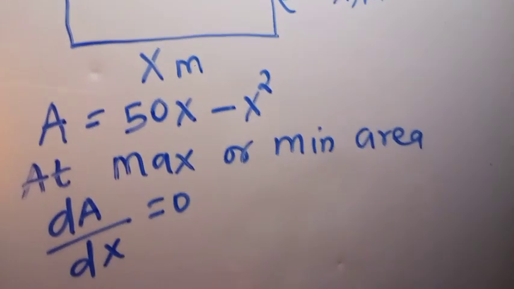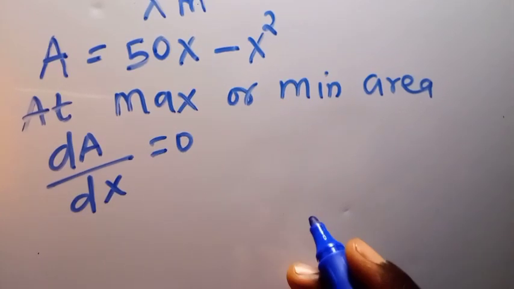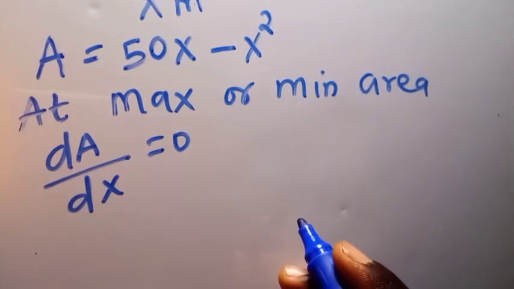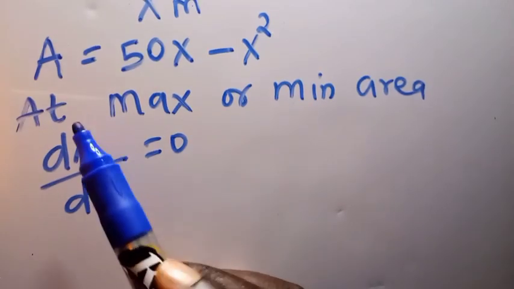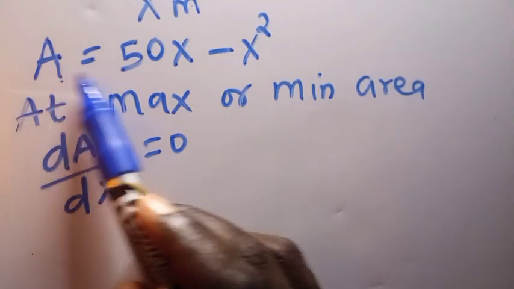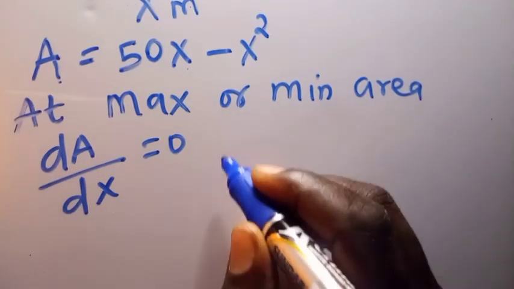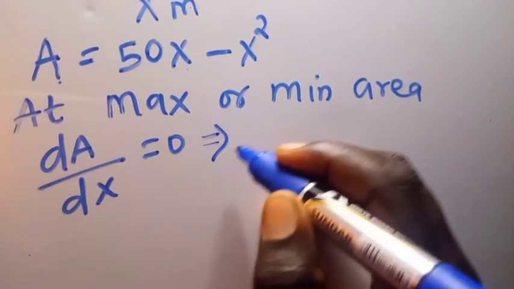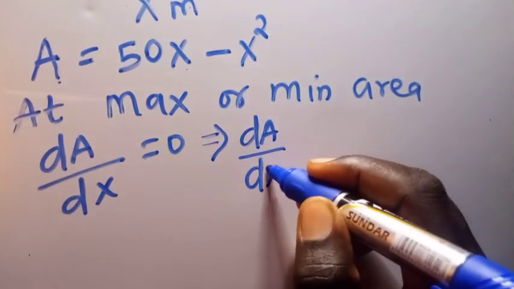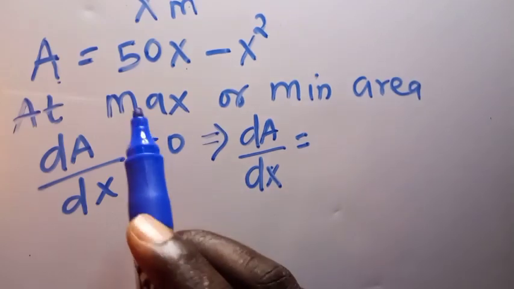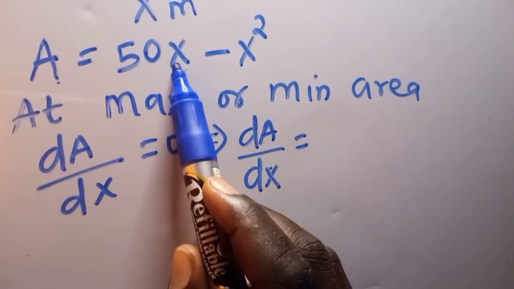That is, at maximum or minimum area, dA over dx is 0. That means we have to differentiate A with respect to x.